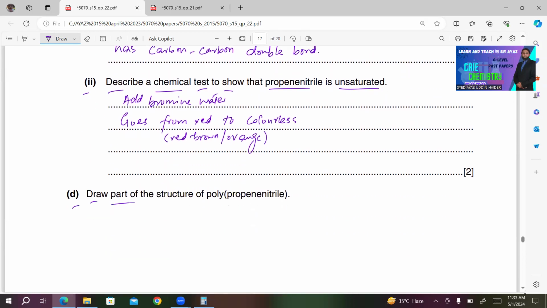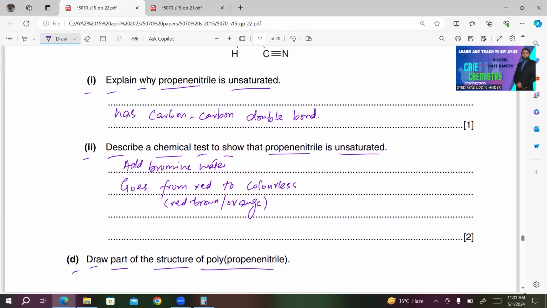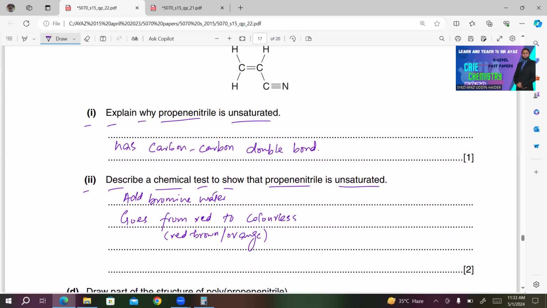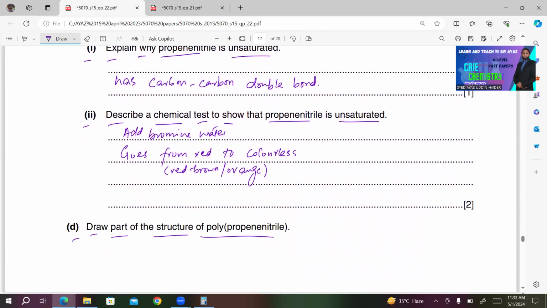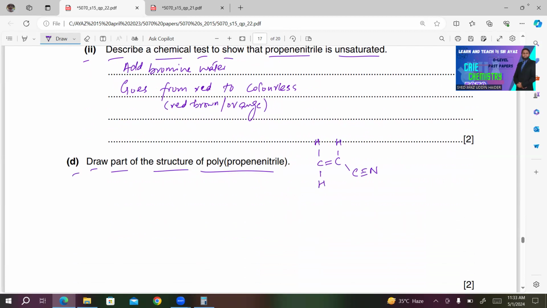Draw part of the structure of polypropene nitrile. This is propene nitrile. C double bond C, C triple bond N, H, H, H. So instead of showing this C triple bond N, you can show it as CN.